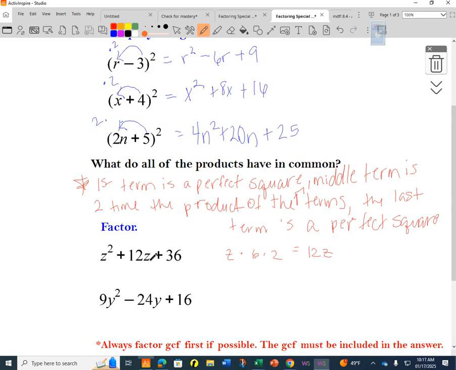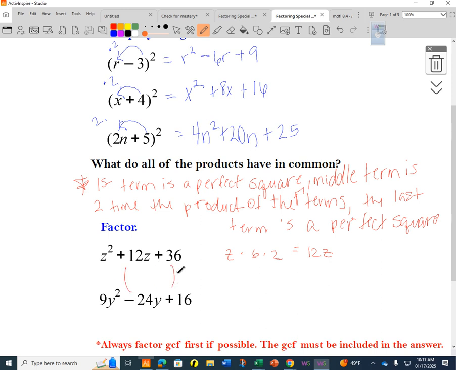So now we know that this is a perfect square trinomial, because the first and last terms are perfect squares, and the middle term is 2 times the product of the square roots. Right here, all of these have the same characteristics. So we can factor this.